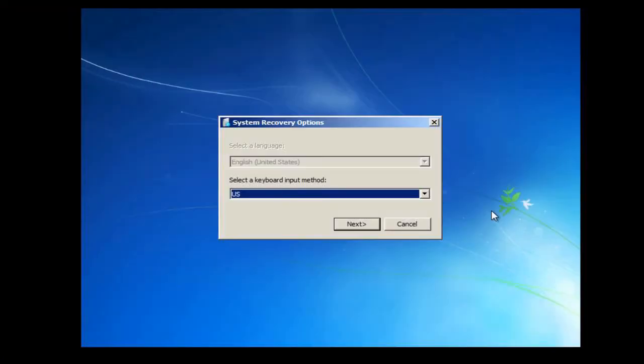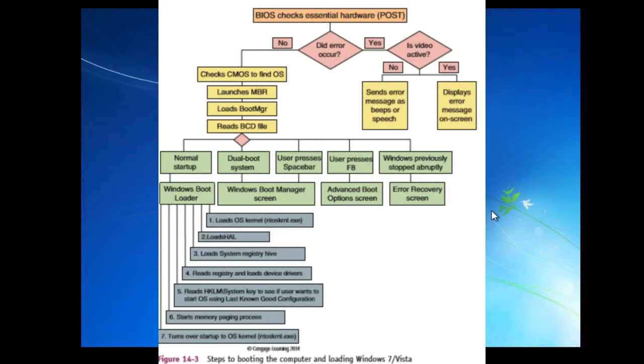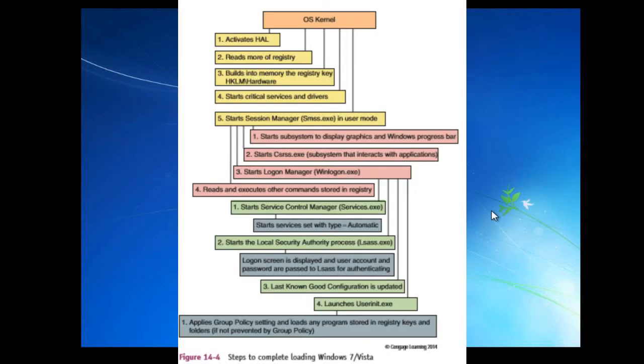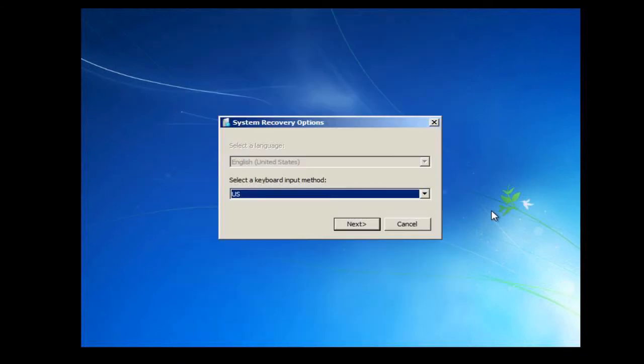B. WinLoad loads into memory the system registry hive, C:\Windows\System32\config\system. C. WinLoad then reads the registry key just created, HKEY_LOCAL_MACHINE\SYSTEM\services, looking for and loading into memory device drivers that must be launched at startup. The drivers are not yet started.